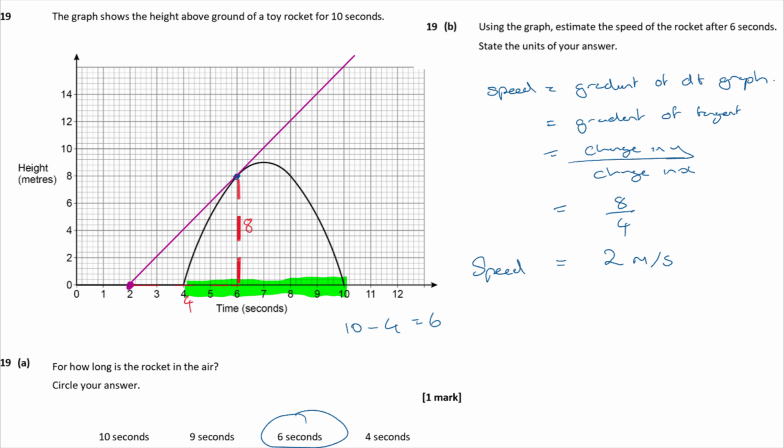So 2 meters per second. It does say state the units of your answer, so that is worth a mark. Don't forget that bit. You can also write it as 2 m s to the minus 1, an alternative way of writing per second. Because s to the minus 1 is 1 over s, so it'd be m over s, same as before.